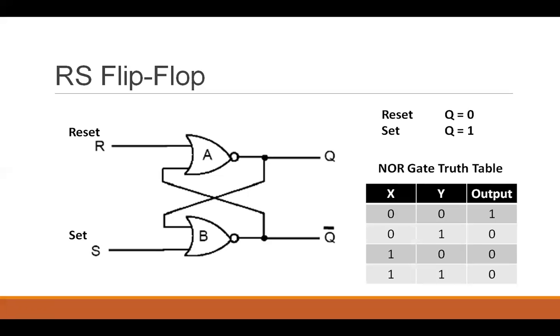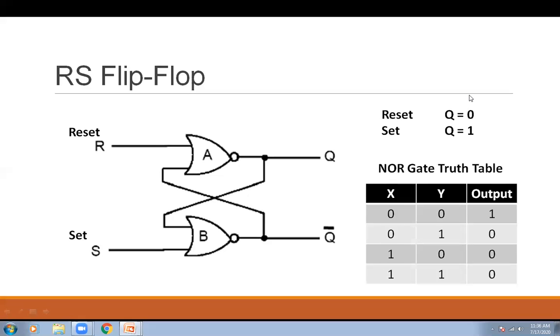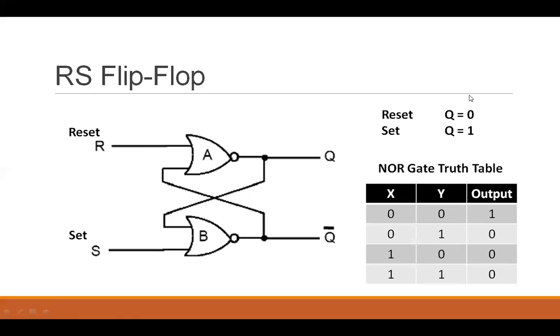So in this truth table of NOR gate, you can see that wherever you are having a 1 as an input, the output is always 0. I'm going to use this to analyze my circuit. So remember this, you can call this the NOR rule, that whenever you have a 1 as an input, whether it's 0 1 or 1 0 or 1 1, the output is always 0.